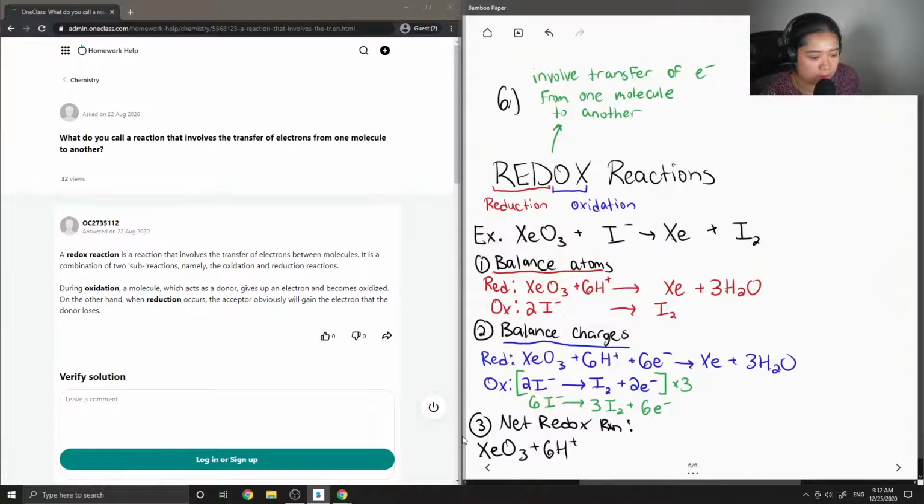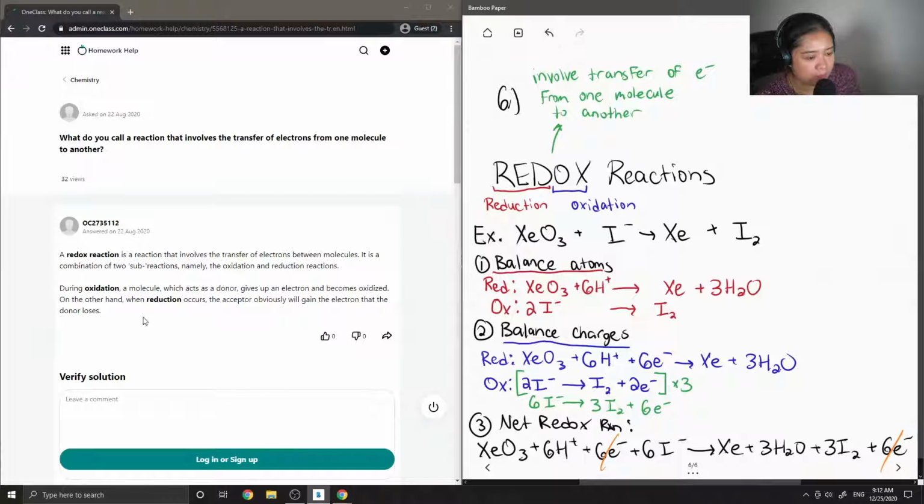Okay, so 6H plus 6 electrons plus 6 iodine makes xenon plus 3H2O. And now I can also cancel out my electrons since they are present on both sides. And then we are left with the net redox reaction.